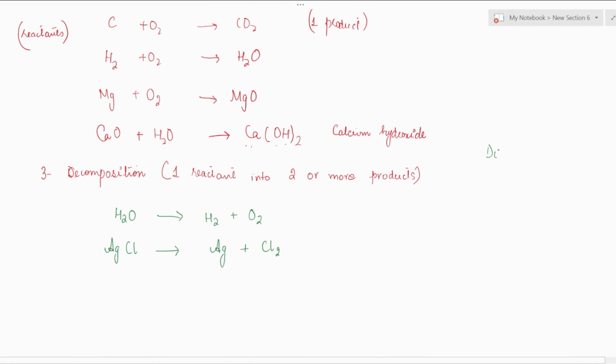Let me write here: O2, H2, Cl2, Br2, I2, N2, F2. What else can be there? Nitrogen, oxygen. These are the ones which you must know.